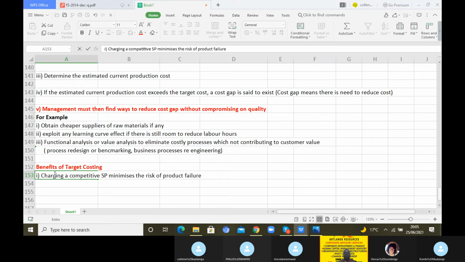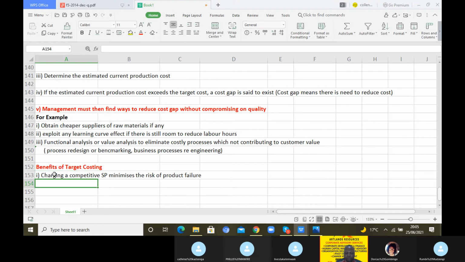And what do we mean by product failure? When you are charging a price which customers are able to pay, you minimize the risk of having products which do not sell, or of being stuck with your products where customers are not paying, because target costing requires you to undertake market research at the beginning.